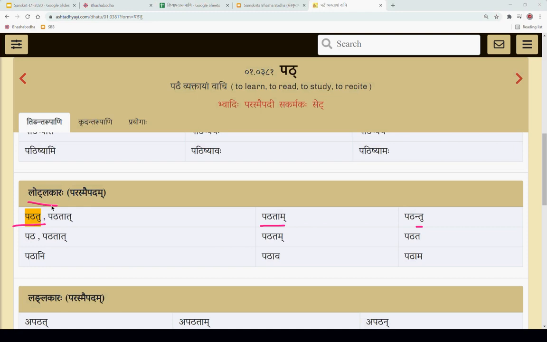That we just studied: ajna, prarthana, and ichha. Ajna, order; prarthana, request; and ichha, wish. In that sense it is used. So in all those senses we can use Patatu, Patatam, Patantu, Pata, Patatam, Patata, Patani, Patava, Patama.